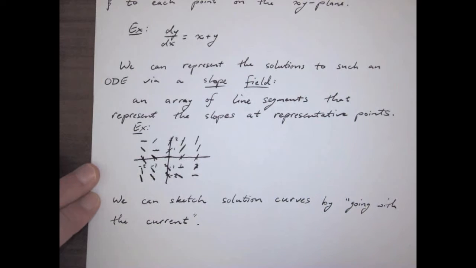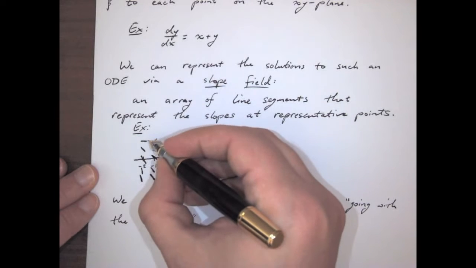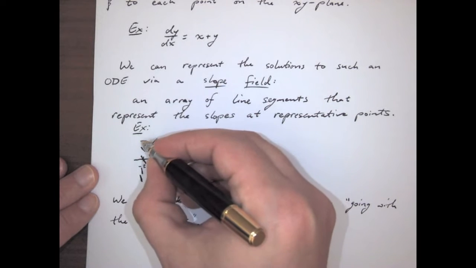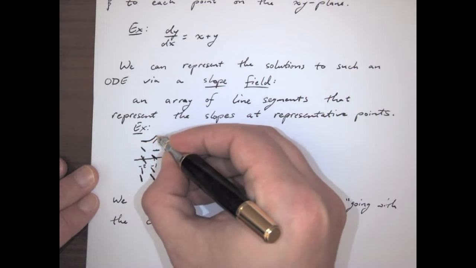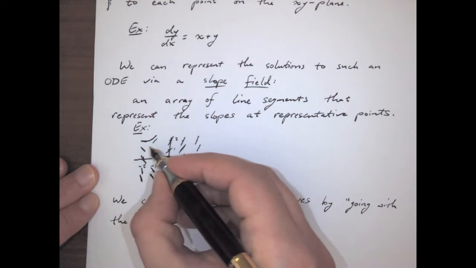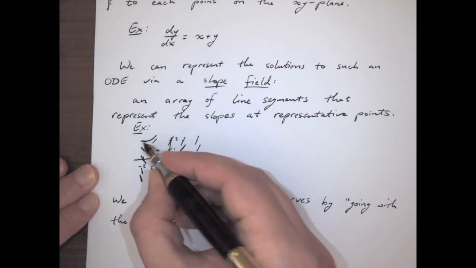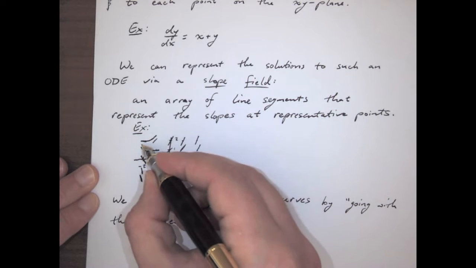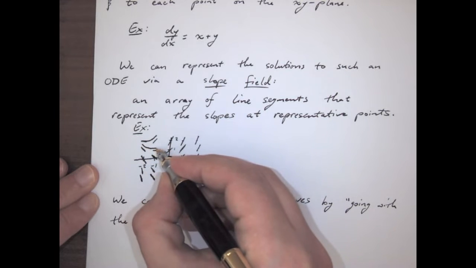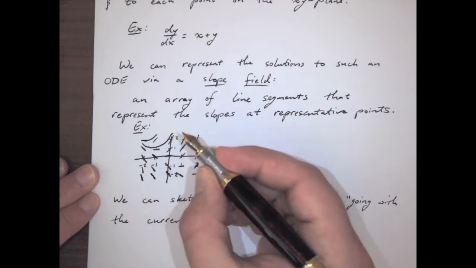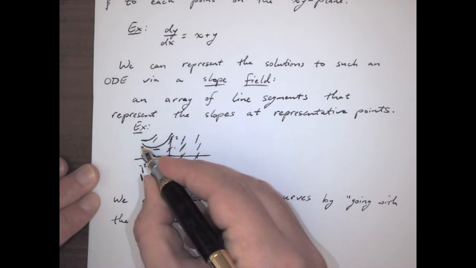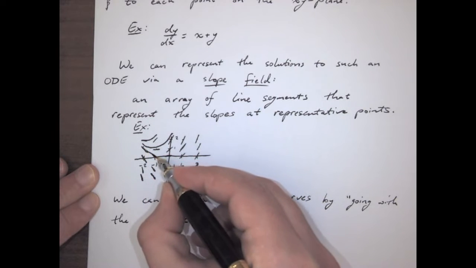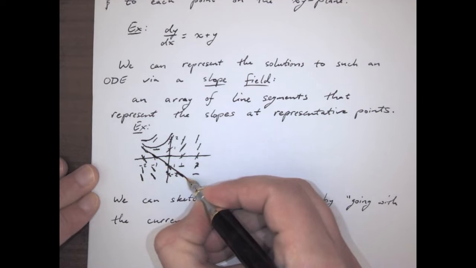So just think of this as being like a little river, and what we would just do is follow the path that these solutions seem to point you in. So something like that, something like that. Maybe one that's just going straight on down.